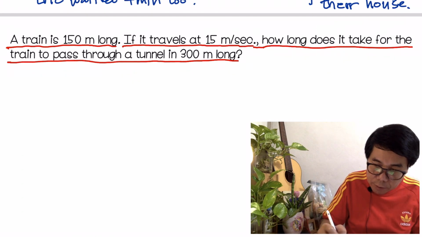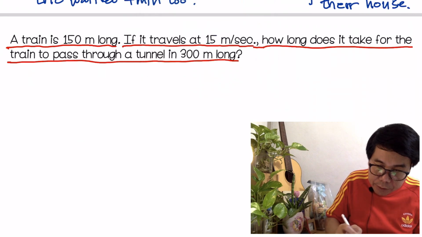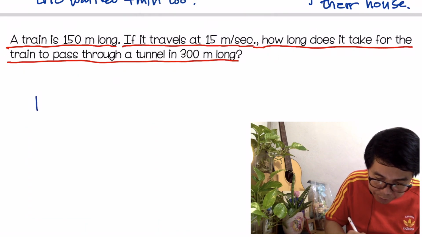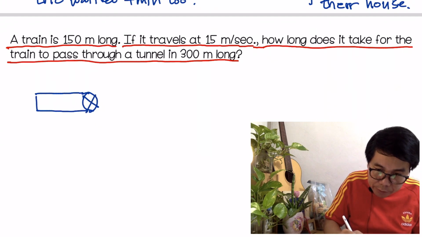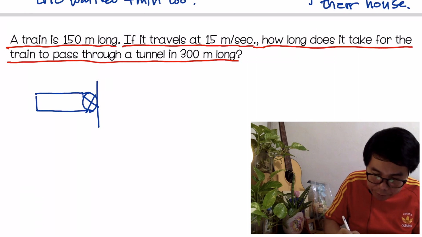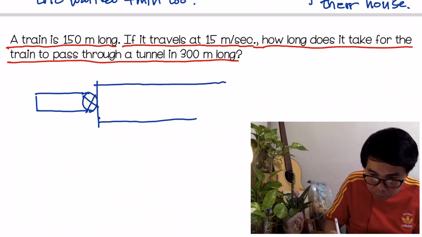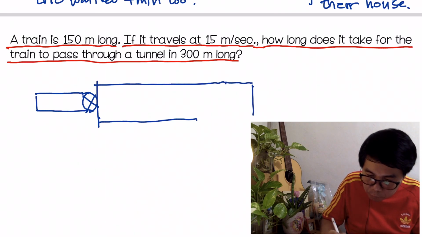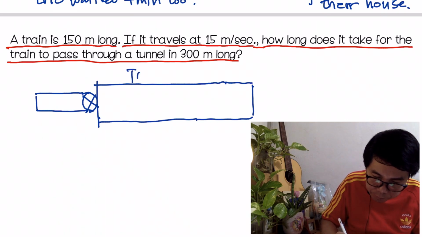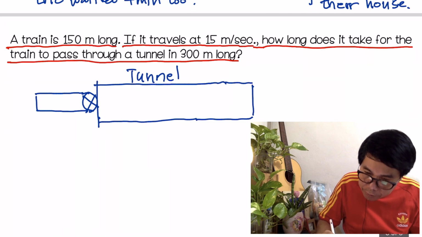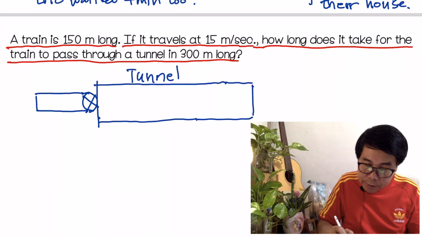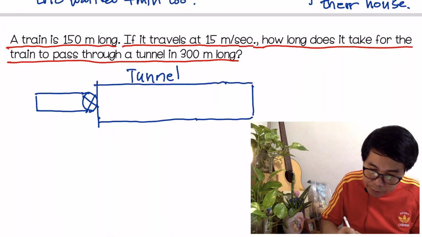First of all, we're going to draw the model. Let's say this is the train, and this one is the starting point. This one is the tunnel, and it says that the tunnel is 300 meters long.